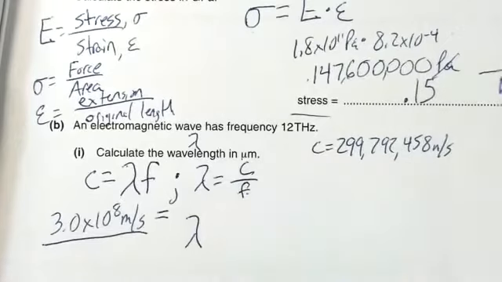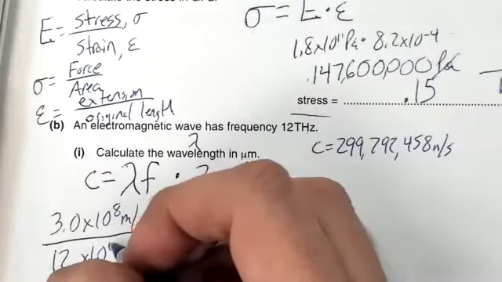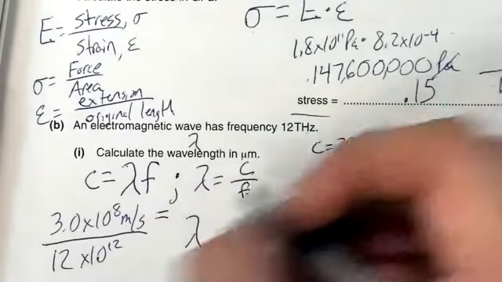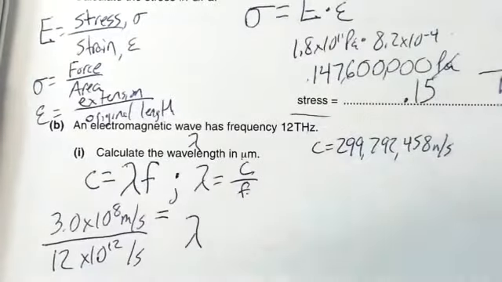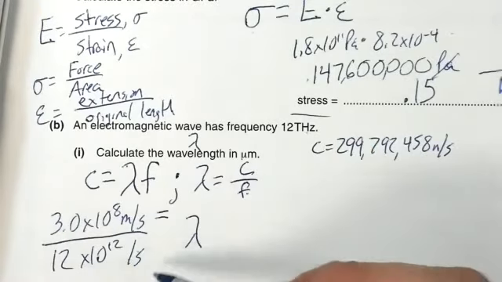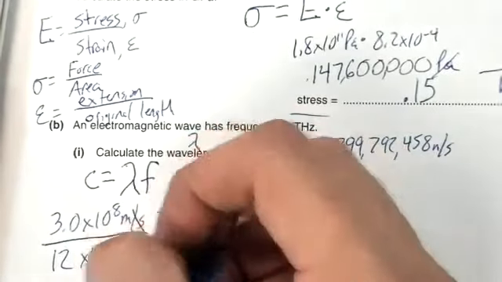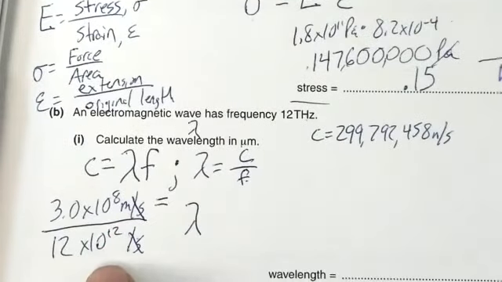And the frequency is right here, given. 12 tera, and then hertz are the same thing as reciprocal seconds. A hertz of frequency is like how many waves per second. So the units are really per seconds. Hertz is the same thing as reciprocal seconds or per seconds. And so these per seconds cancel. I'm in meters when I do this calculation.